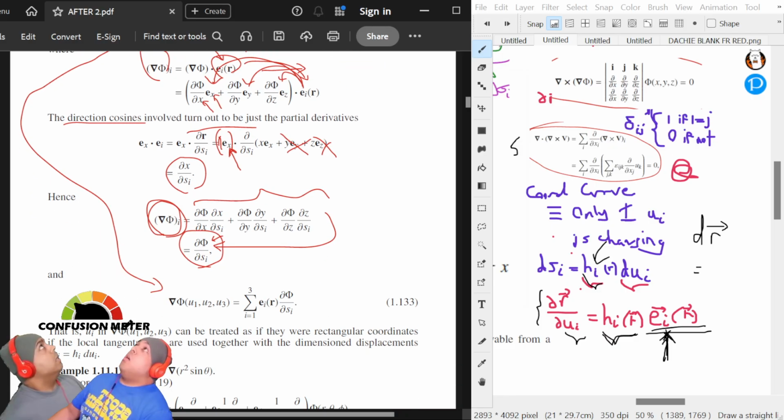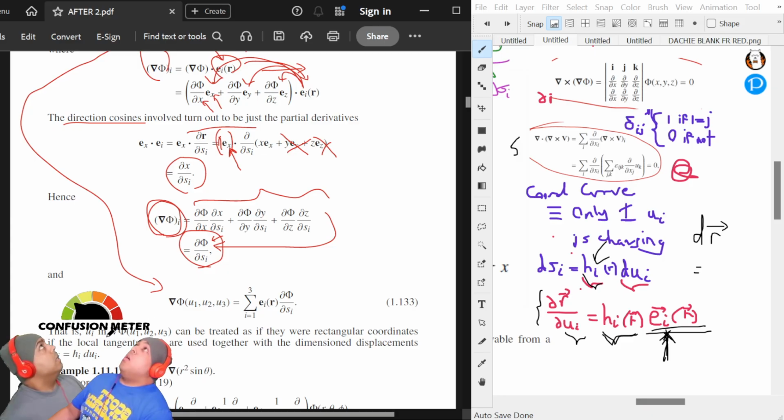That is u_i in this, and it can be treated as if they were rectangular coordinates if the local lengths e_i(r) are used together with the dimensional displacements ds_i equal h_i du_i.